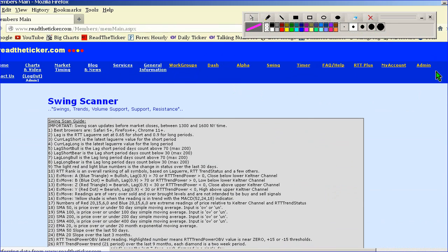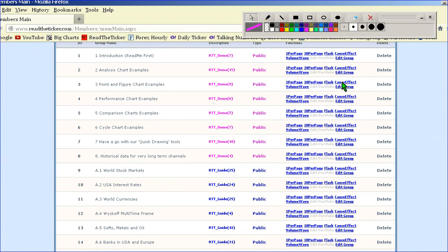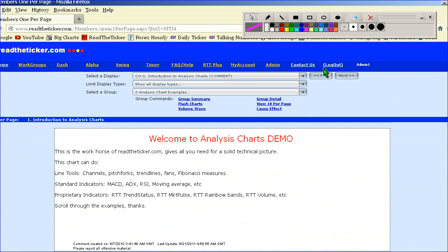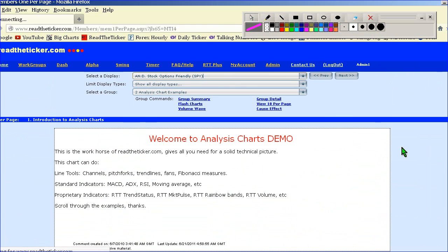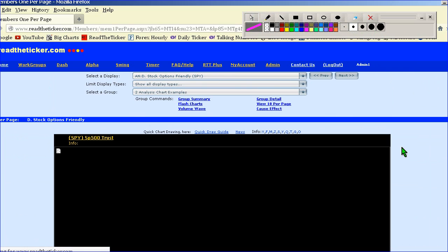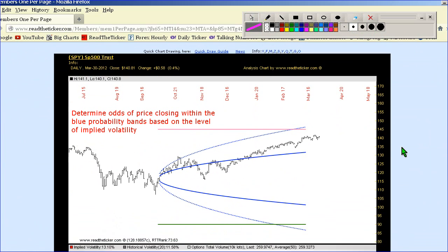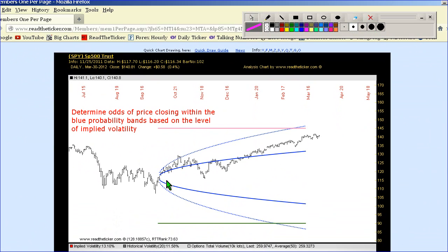Also, within readtheticker.com, we have our options tool to determine probability. So here you can put your cone in when you do a trade to work out probability of where the strike prices should be.